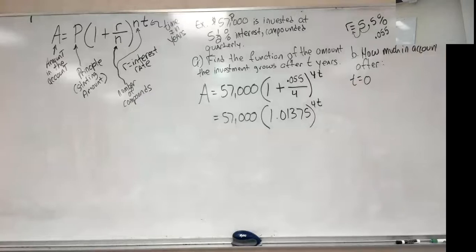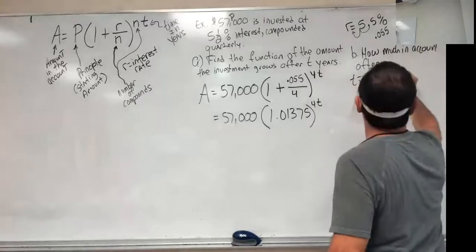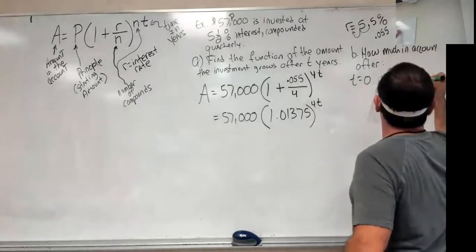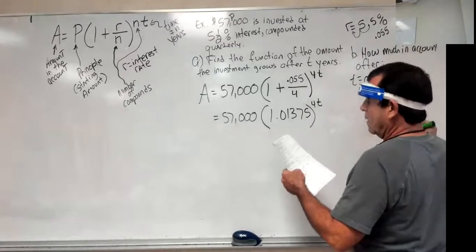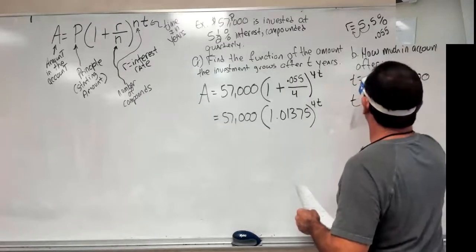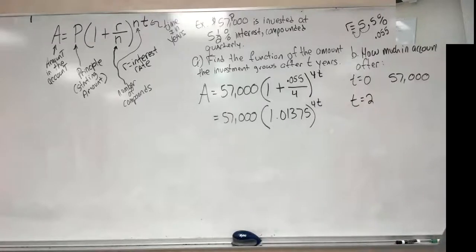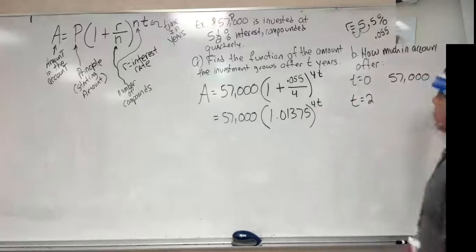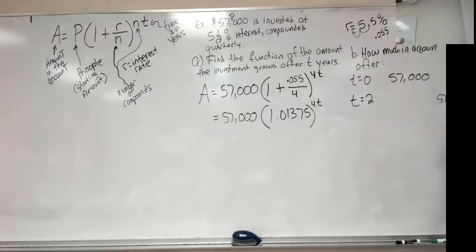We said 57,000. So what are we going to get when t equals 2? To figure this out, you would have in your calculator 57,000 times 1.01375, and that would be to the 4 times 2 now, okay?